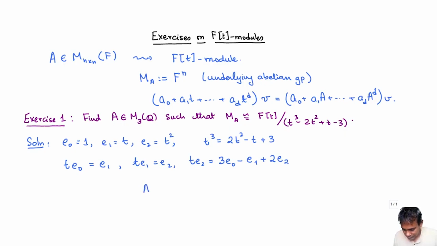So therefore the matrix A has the form: the image of E0 is E1, the second basis vector, the image of E1 is E2, the third basis vector, and the image of E2 is 3 E0 minus E1 plus 2 E2.